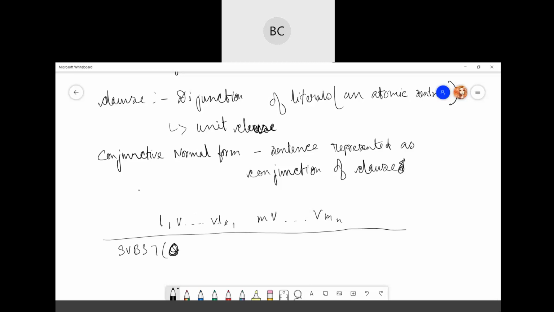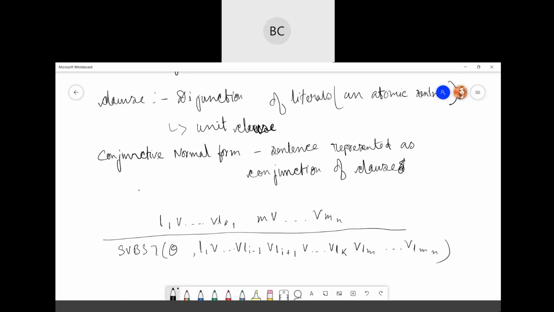The main thing is that we can resolve two clauses if all the variables are different.